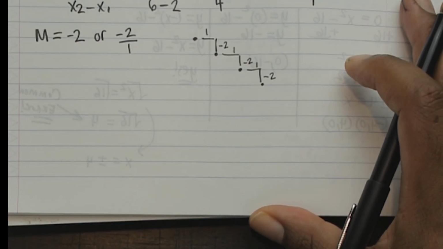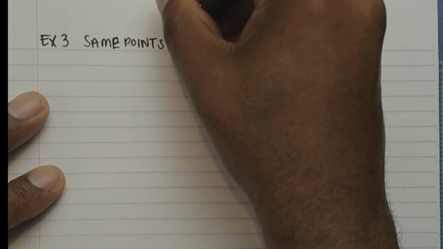Okay, let's look at another example. Example number 3. We're going to have the same points in reverse order.